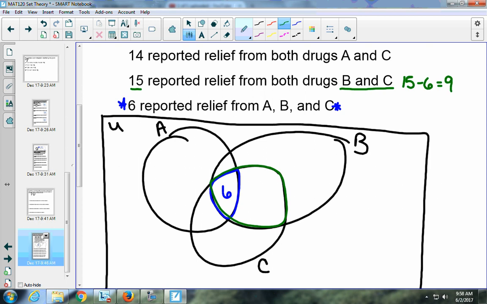That means that there are 9 subjects in that B and C only spot.